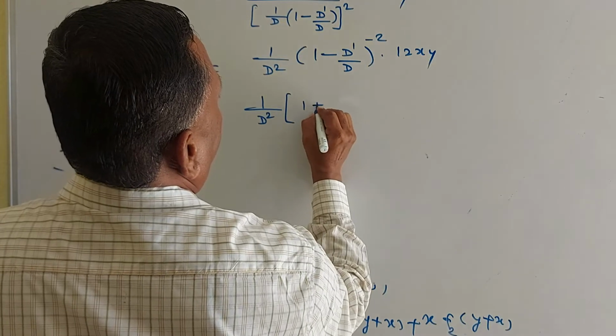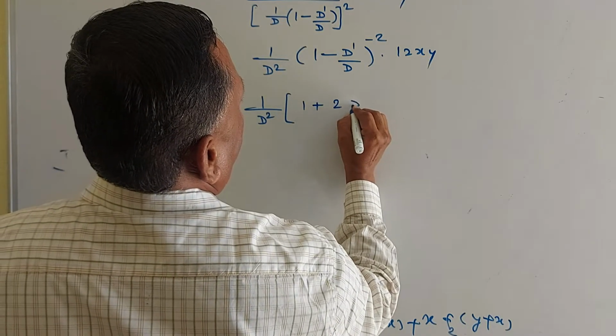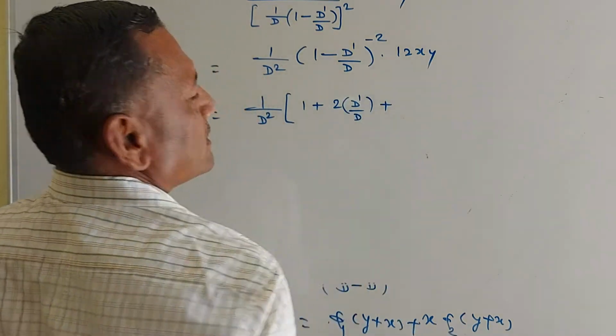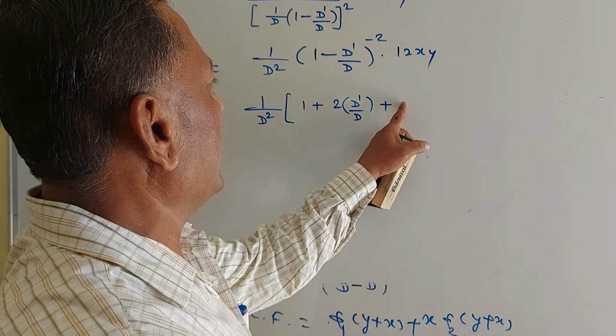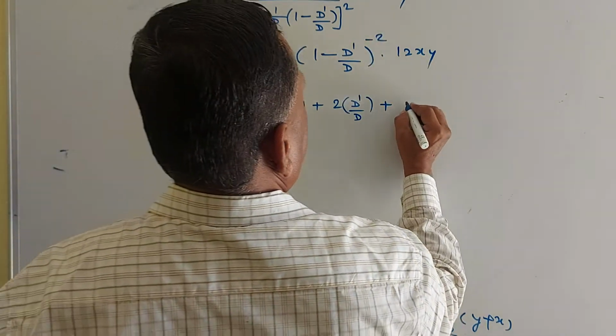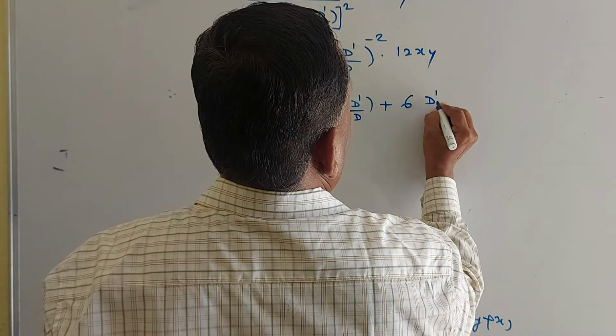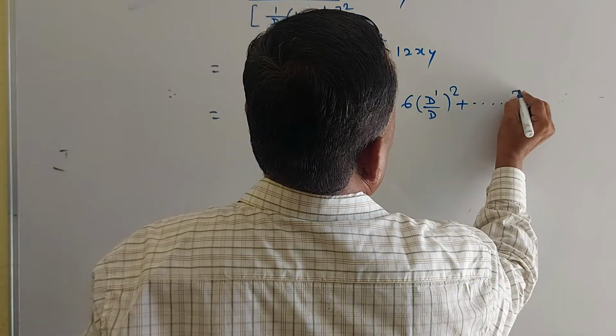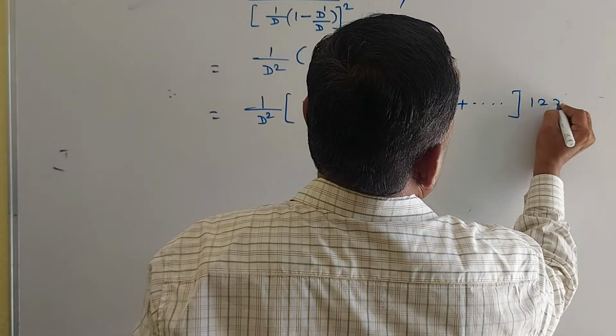Therefore 1 plus 2 into D dash upon D, then plus 3 into 2D dash upon D square, means 6 D dash upon D square, and so on, into xy.